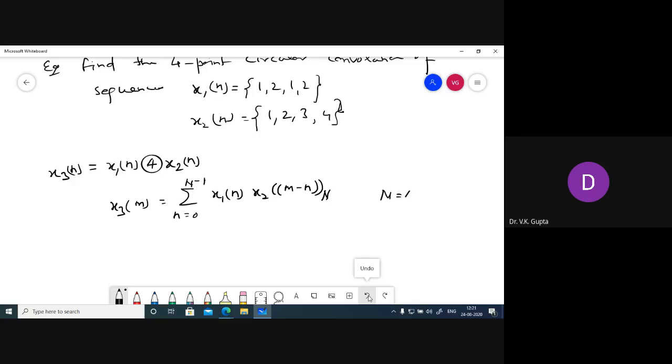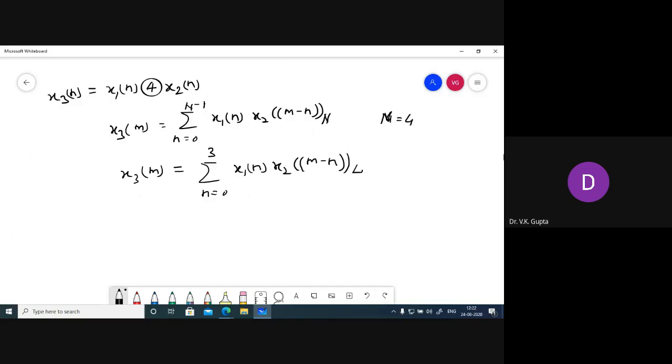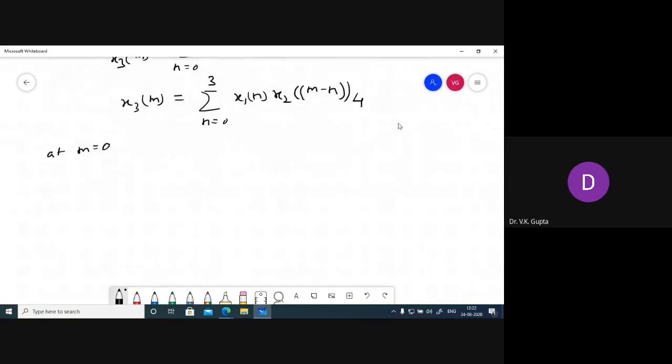Here N is 4, so we can write this equation as x3(m) equal to sigma n equal to 0 to 3 x1(n) x2((m minus n) modulo 4). At m equal to 0, we have the first point of the circular convolution, x3(0), which is sigma n equal to 0 to 3 x1(n) x2((minus n) modulo 4).